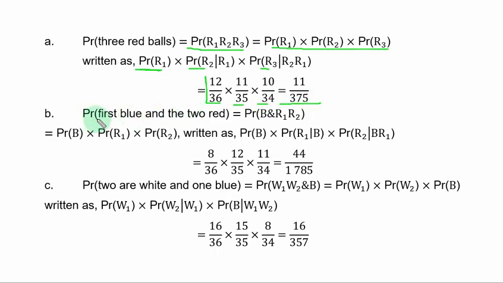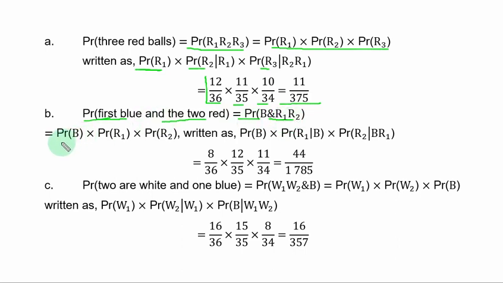B. First ball is blue and the two red. That is the next probability. That is probability blue and red.